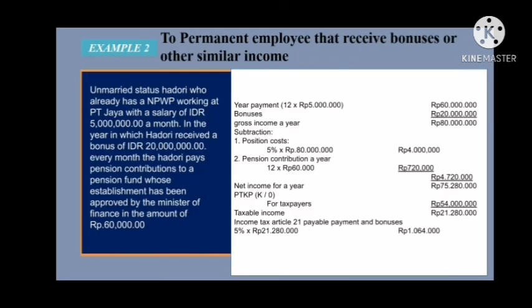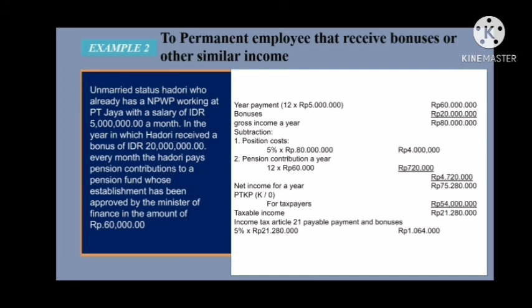Next, example number 2. Permanent employee that receive income in the form of production service, bonus, gratuities, holiday or New Year allowance, premiums, and other income that is not fixed and is generally given once a year. Mr. Hadori, who already has NPWP, working at PT Jaya with a salary of 5 million rupiah per month.